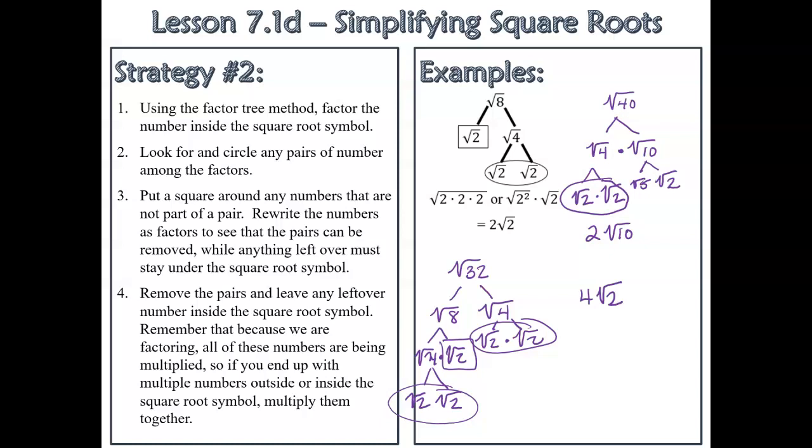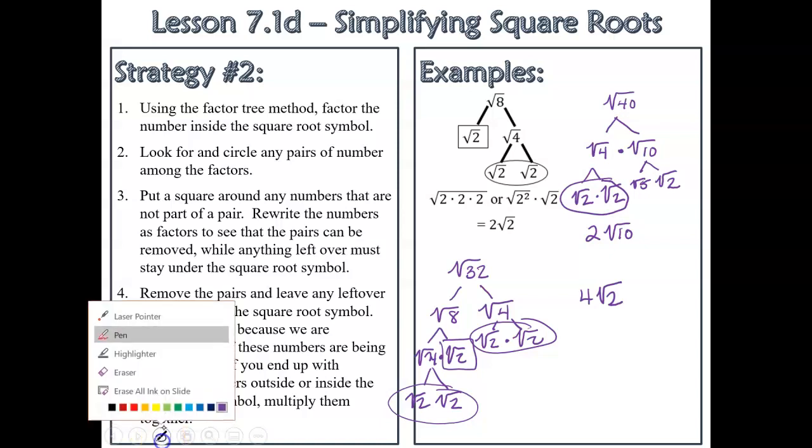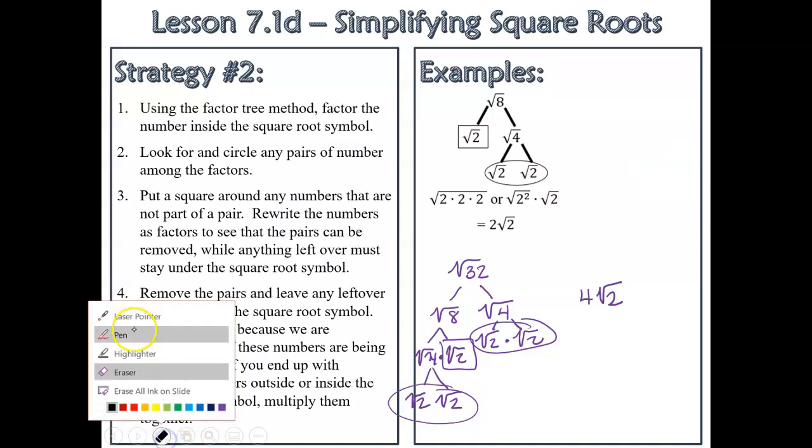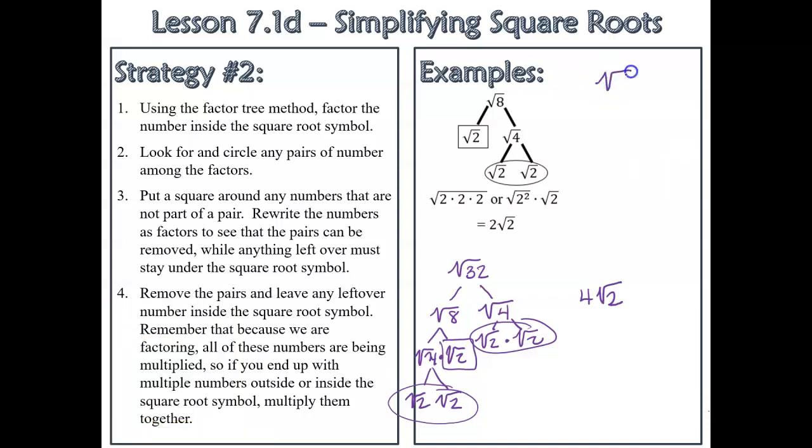Okay, I'm going to make myself some room here so I can do another one for you. I'm going to erase that. And we're going to do 45. So the square root of 45, if I make the tree, breaks down into the square root of 9 times the square root of 5.